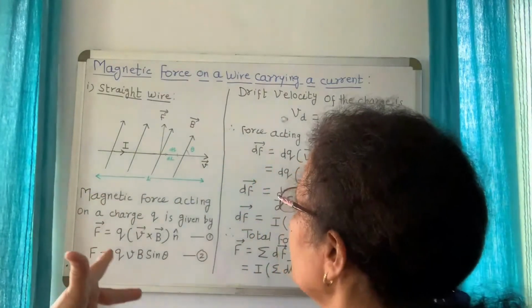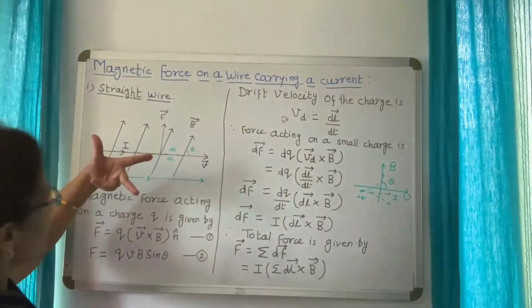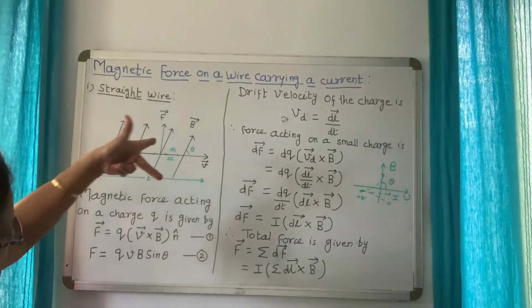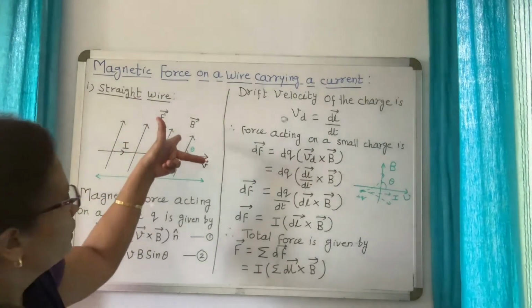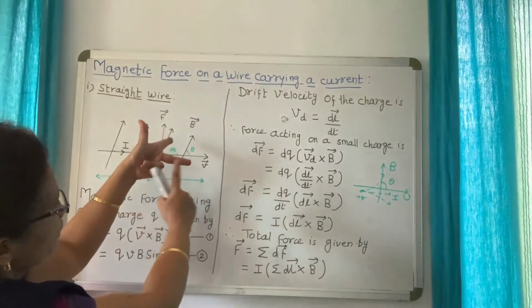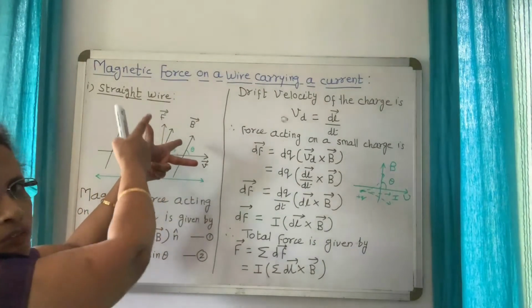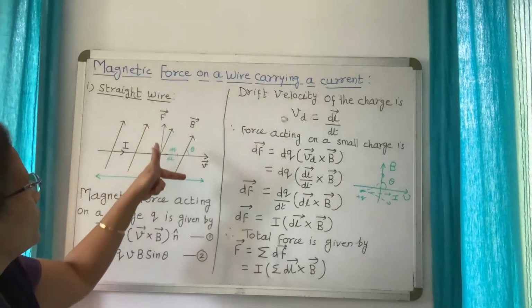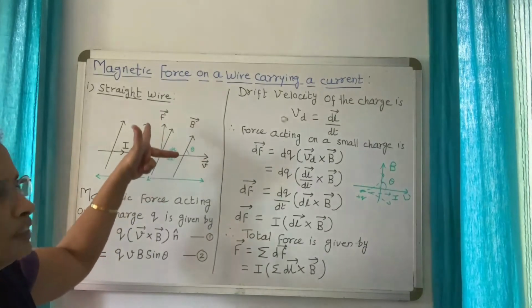Seeing this diagram, this is the direction of the field, that is inside into the plane. This is the direction of the current, and this will be the direction of the force, in the upward direction.